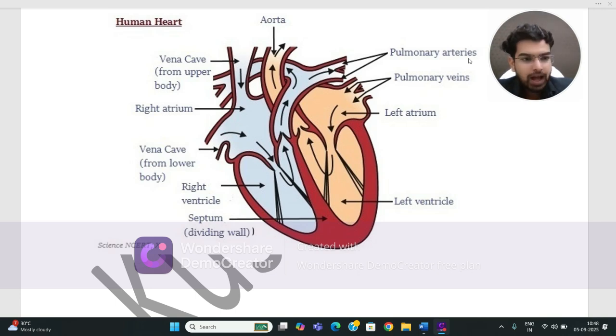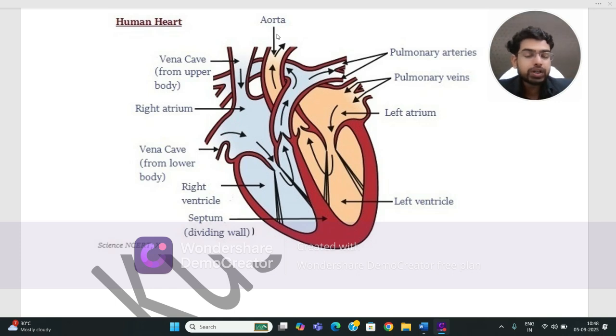In the second half of your circulation, the blood which is coming from the lungs, which has oxygen, oxygenated blood, enters inside your left atrium with the help of pulmonary veins, and then it goes to the left ventricle, and with the help of the aorta it is transported to the whole body. So in this way, the complete circulation of the blood with the help of the heart takes place.